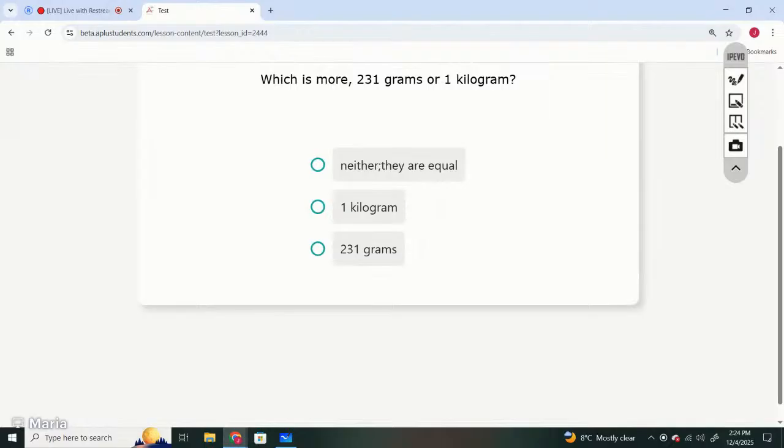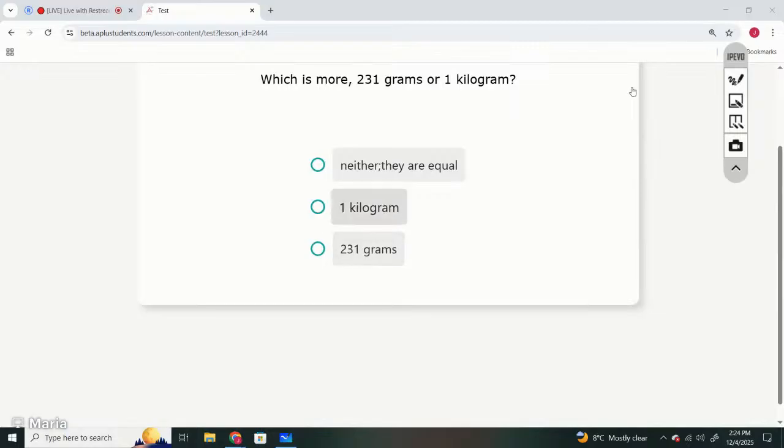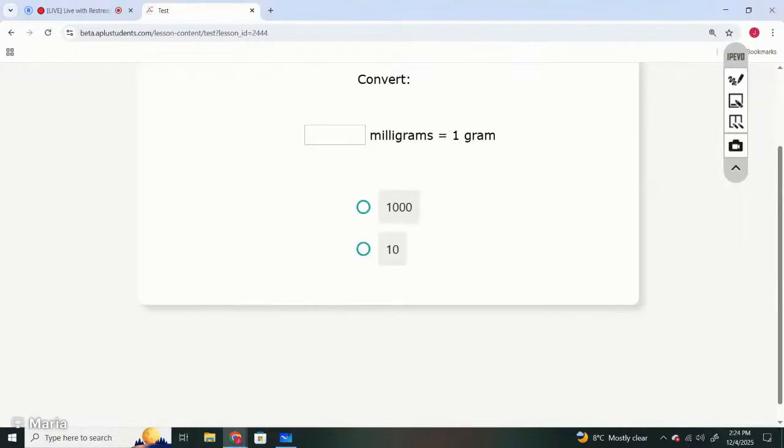Which is more, 231 grams or 1 kilogram? So we know that 1 kilogram equals 1000 grams. So which is more? 1 kilogram is more than 231 grams because in 1 kilogram we have 1000 grams.